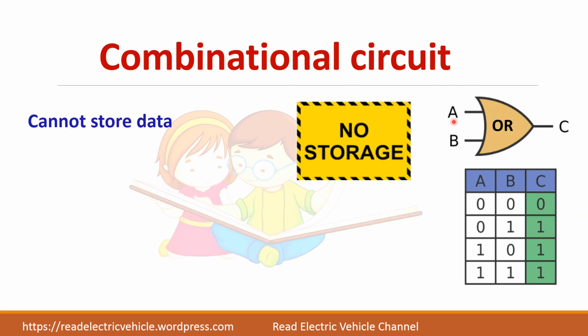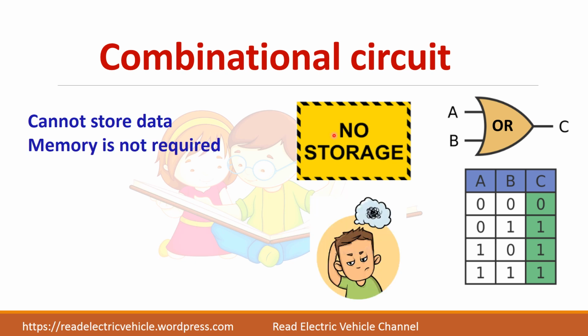Here there is no need to store the data, because at that instant whatever input you give, you will get the output. So no storage is required in a combinational circuit. It means that no memory is required.